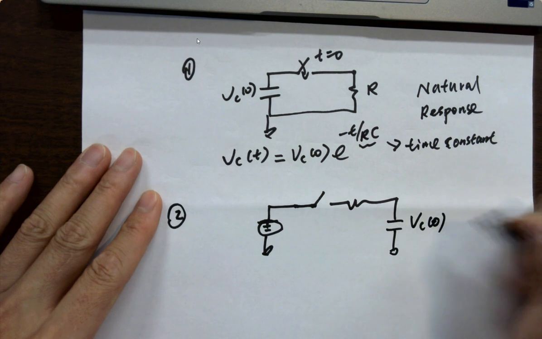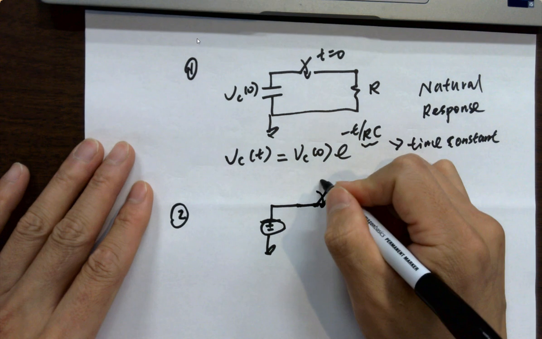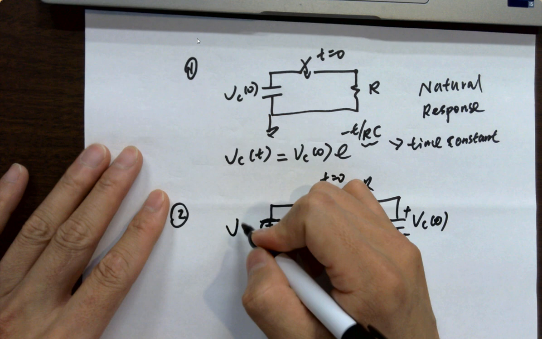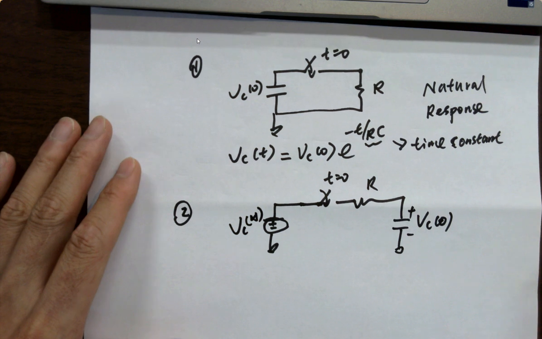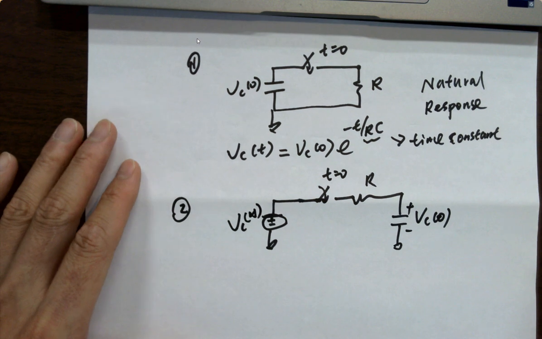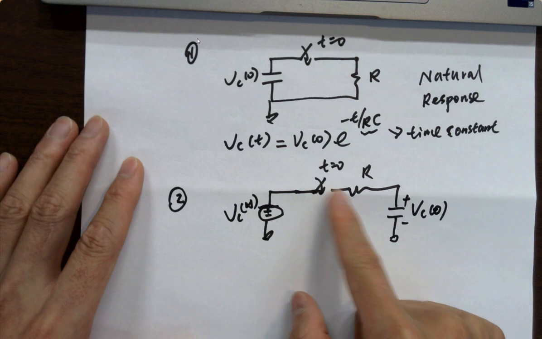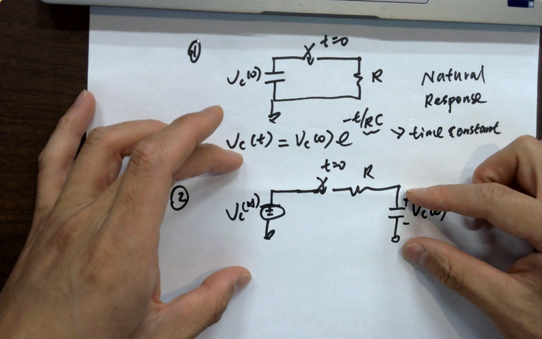VC0, there's an initial voltage stored in the capacitor at the very beginning, T0. You got a V, what? Can I call it VC final? VC infinity? Why? If I close it and let it sit there for 100 years, what's gonna happen? What's the voltage across it?